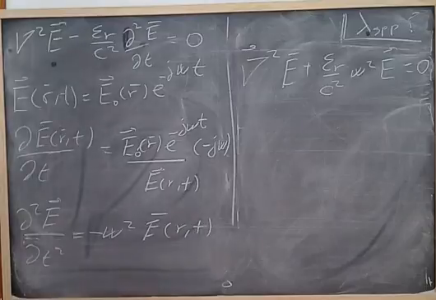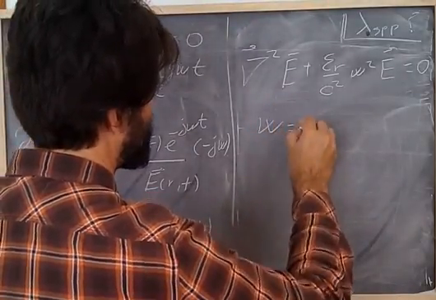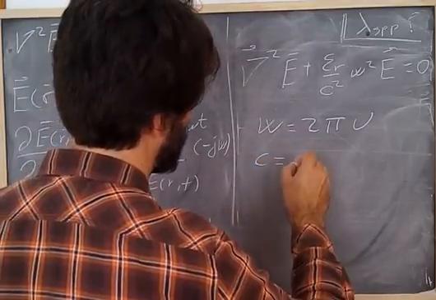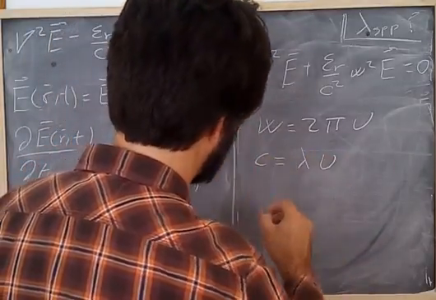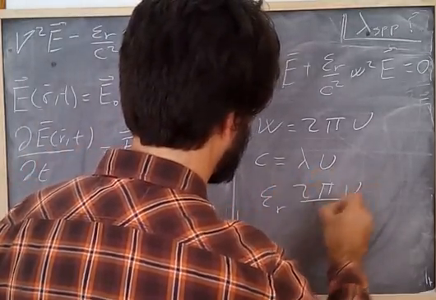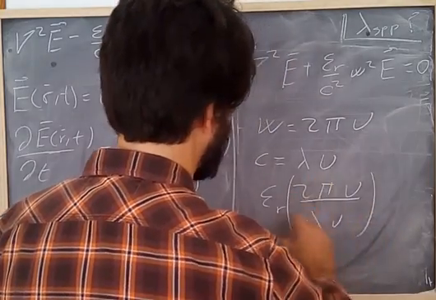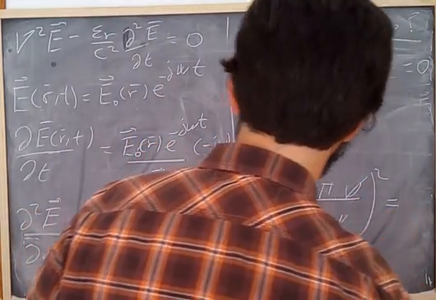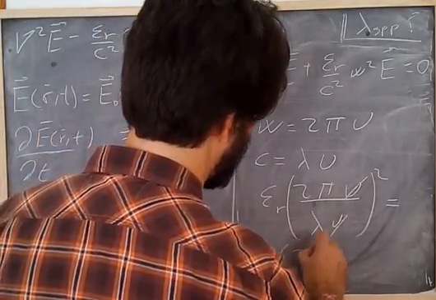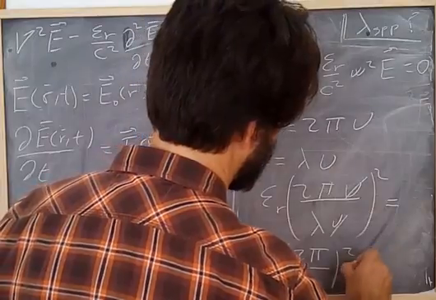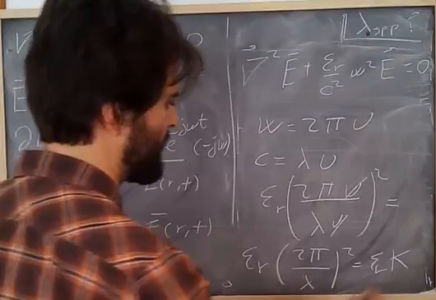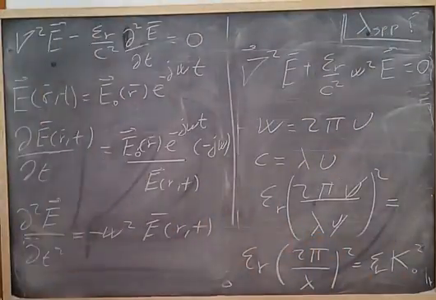However, omega is 2 pi nu, c is lambda nu, and we can write epsilon r 2 pi nu over c like epsilon r times 2 pi over lambda, squared, which is epsilon r times the wave vector squared.